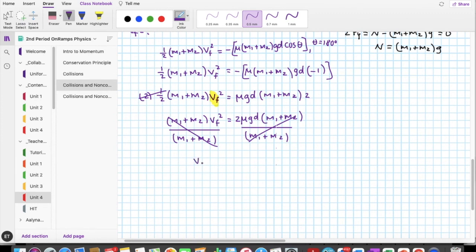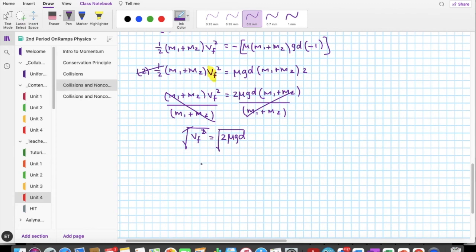So now we have velocity final squared equals 2 times the coefficient of friction times acceleration due to gravity times the distance. And we take the square root to get rid of this square. Our final velocity is, I'm going to do the square root at the end, 2 times coefficient of friction times acceleration due to gravity times the distance, and you take the square root of all this stuff.